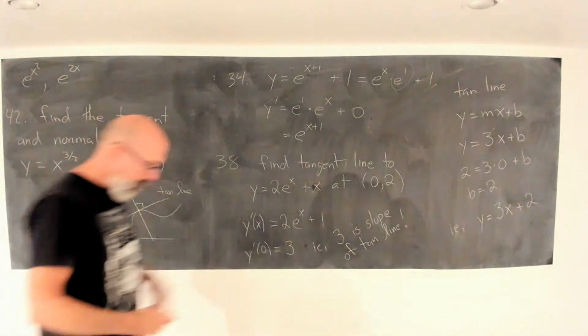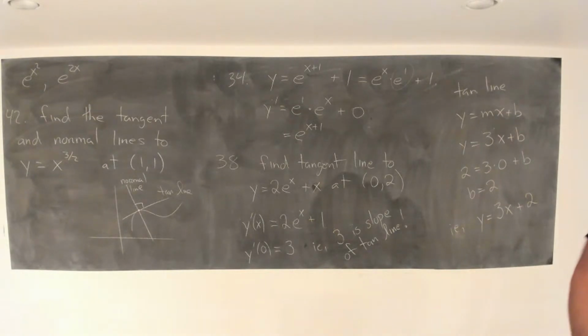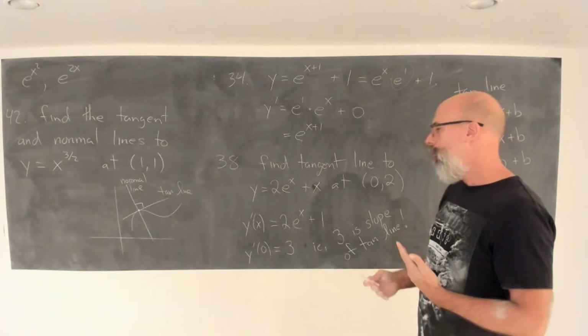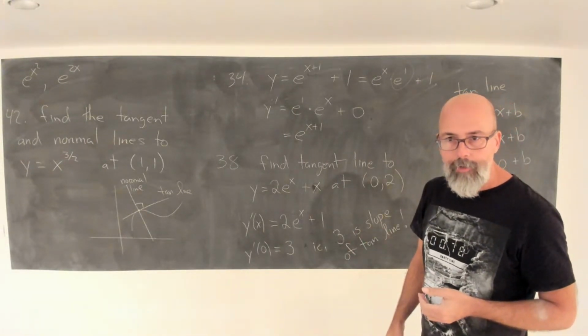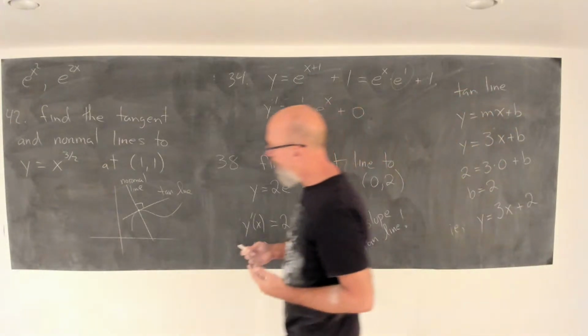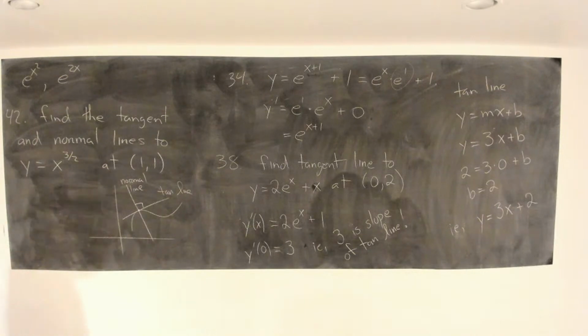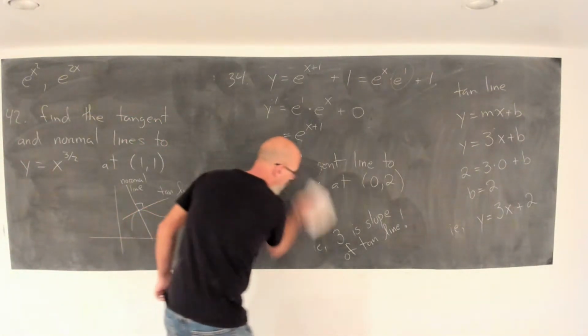And as you know, perpendicular lines, you know how these are related. Their slopes are negative reciprocals of each other. They multiply to give you -1. Let's start with the tangent line.